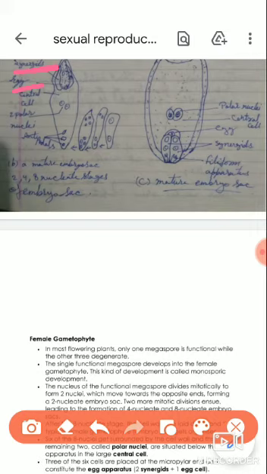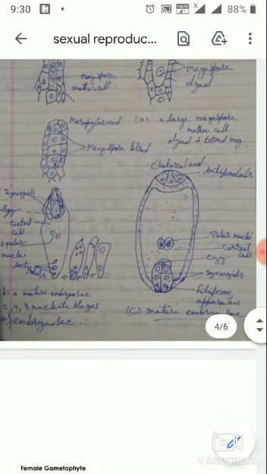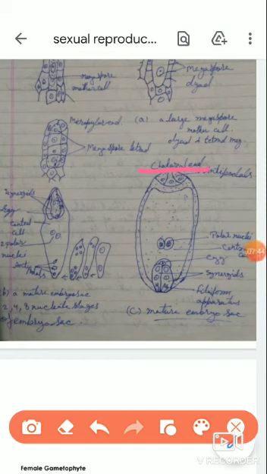The 3 cells at the chalazal end are called antipodals. The large central cell has 2 polar nuclei.